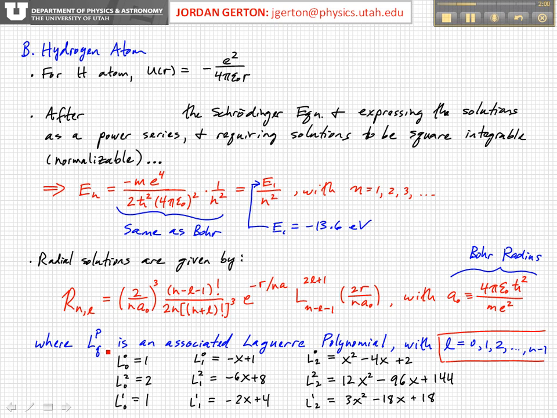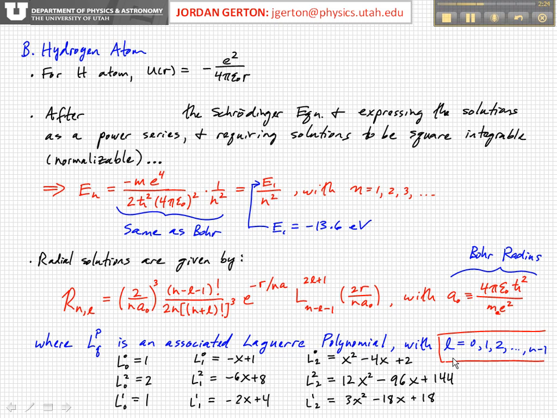Okay, so the L's, which have a subscript and a superscript. L q p is called an associated Laguerre polynomial. Excuse me.